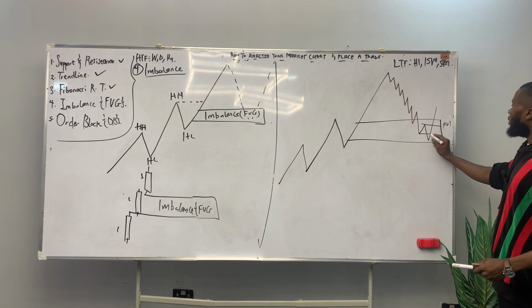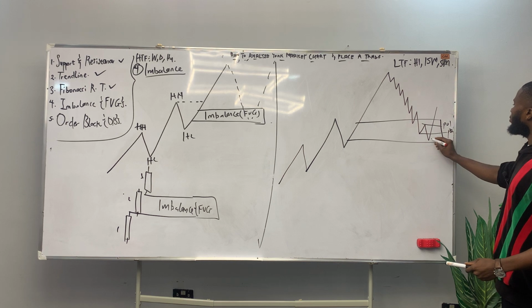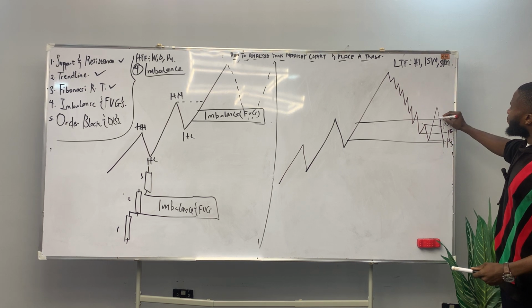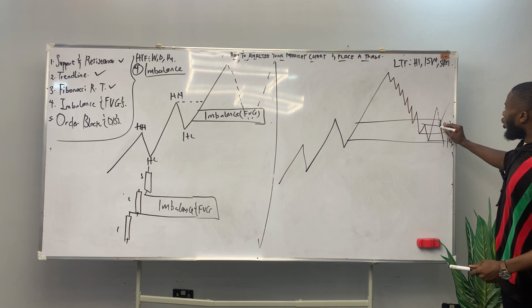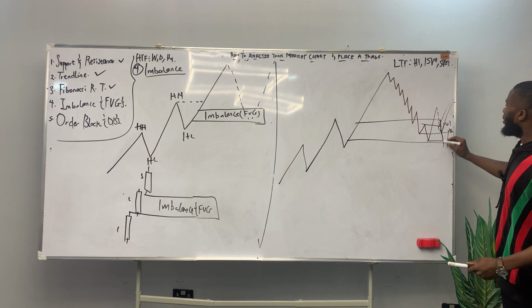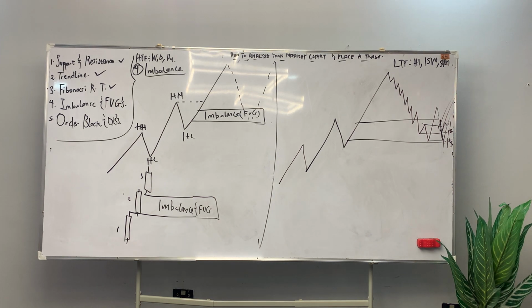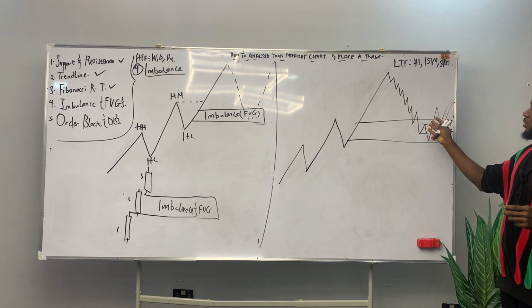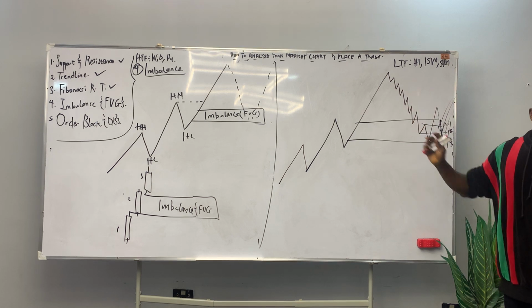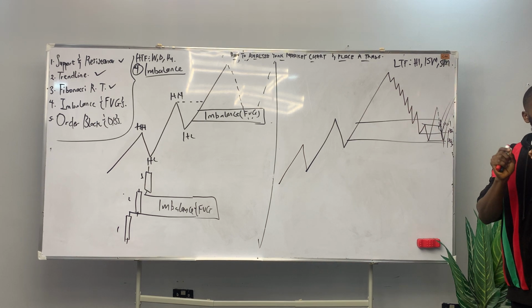You mark this one 2, you drag it to POI 2, drag it to POI 3. So either you wait for it to come to this POI 1 and enter, or you wait for it to go to POI 2, enter, or POI 3 and enter. So me now, for this setup, I'm risking $30.